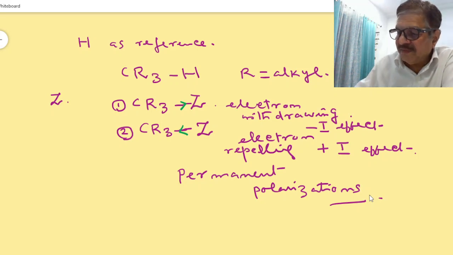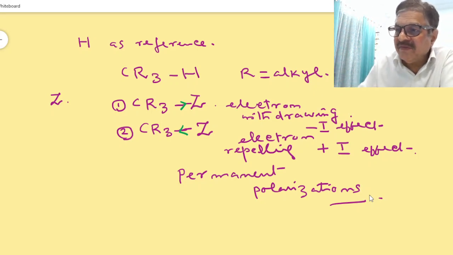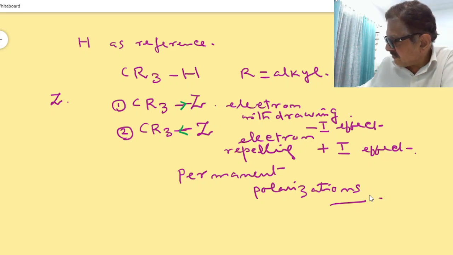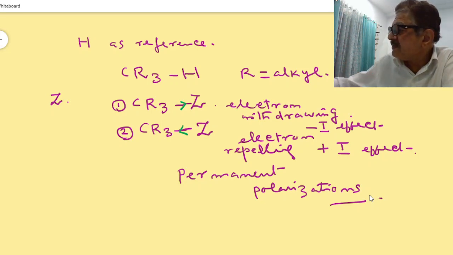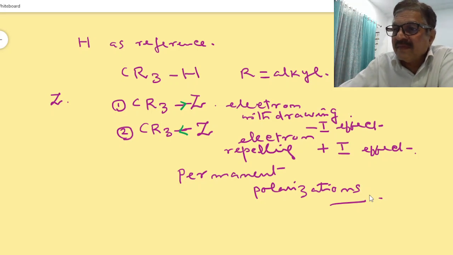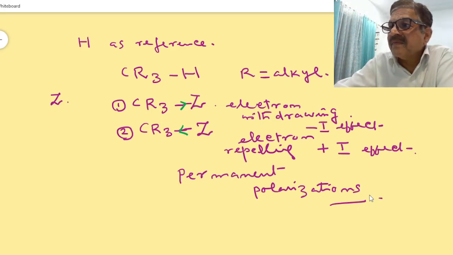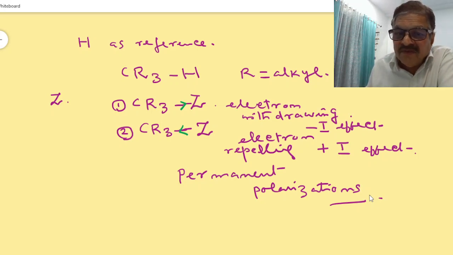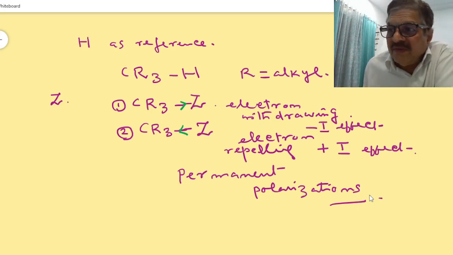Now, I will explain with some examples. The acidity of HA, as we have seen, is influenced by the presence of electronegative atoms.